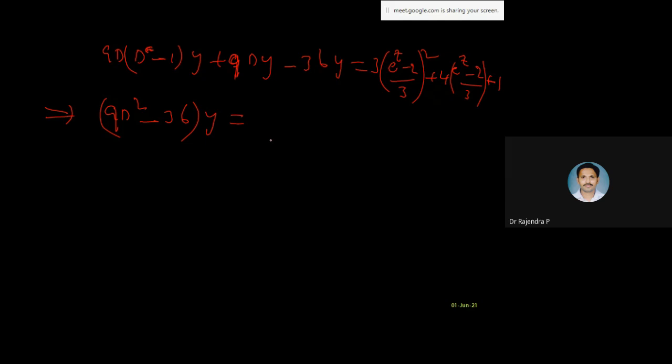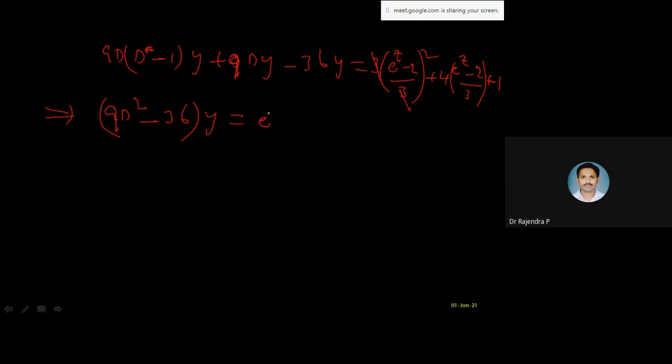Clear? So what I have to do here, I can take 3 as LCM. I can expand it if I want, but it's better to take it like that. Let me check it. This 3 will get cancelled.